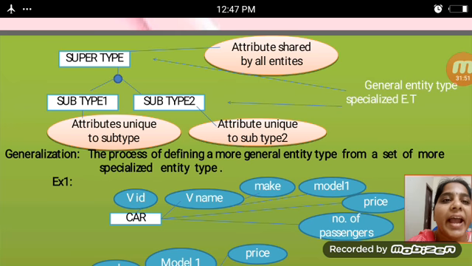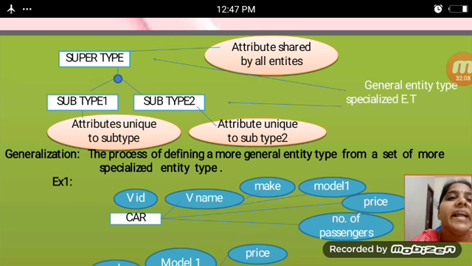Subtype 1 has attributes unique to subtype 1, and subtype 2 has attributes unique to subtype 2.